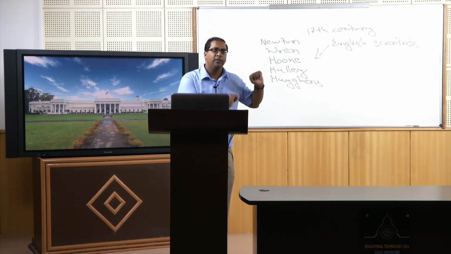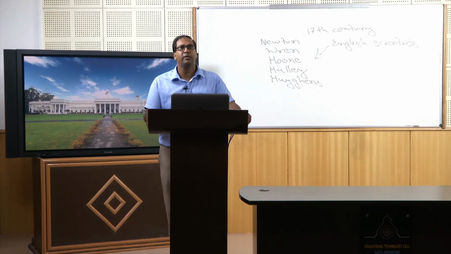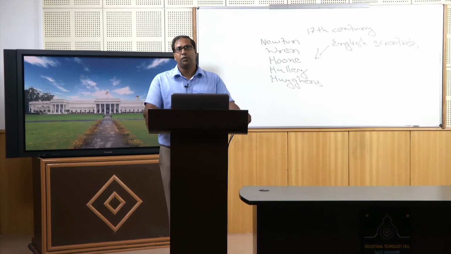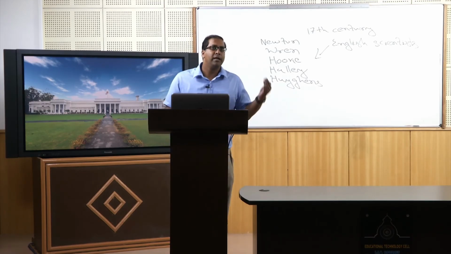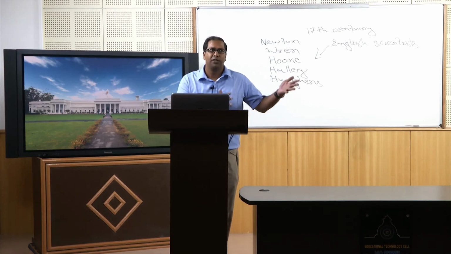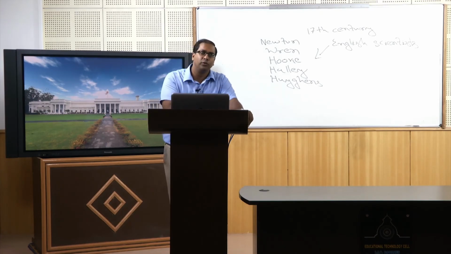And there was also this issue of developing and advancing the naval architecture, because they wanted to be a dominant naval force in the world so that they can be a stronger political force, and their business perspectives could improve. Hence they wanted to build better ships, bigger ships, stronger ships, ships which can carry artillery, the warships, and the ships had to be built in double quick time. So they turned their attention to that.